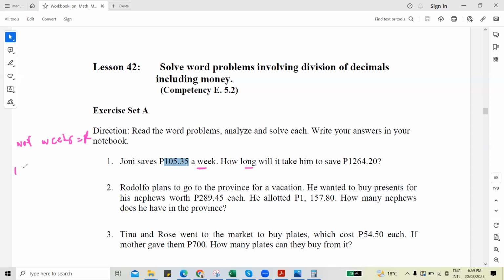Now 105.35 pesos per week. The number of weeks will be x. Then you get the total savings, 1,264.